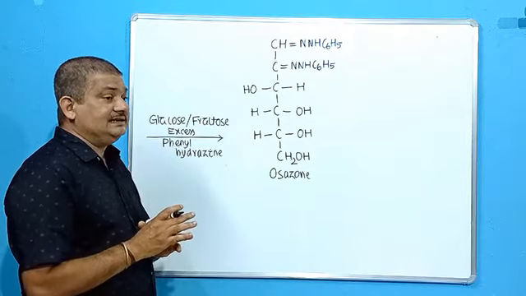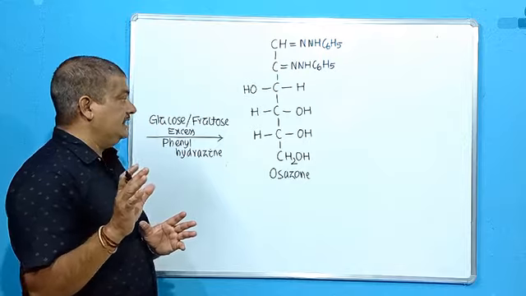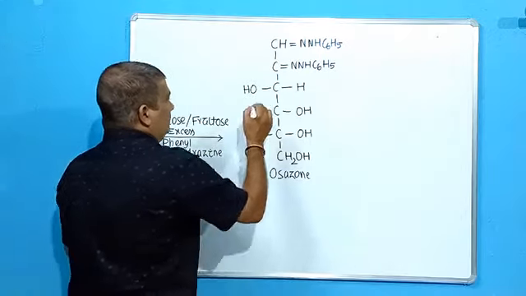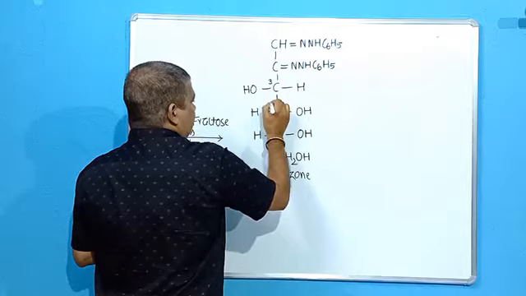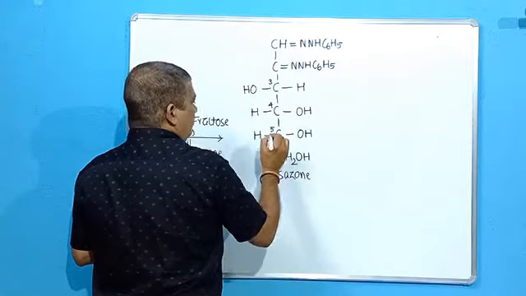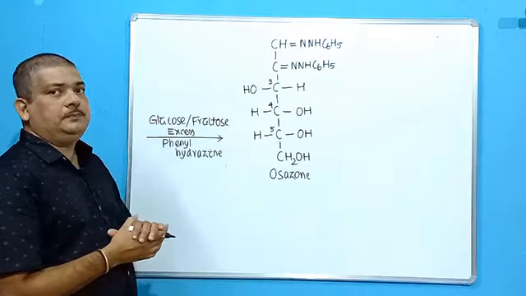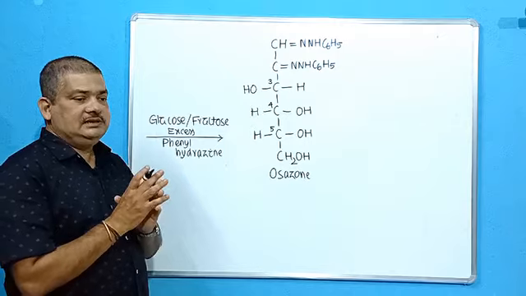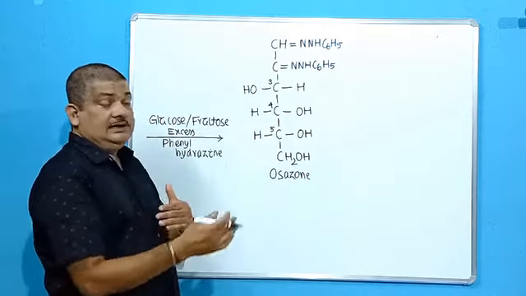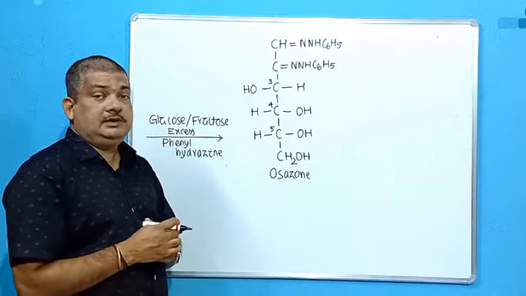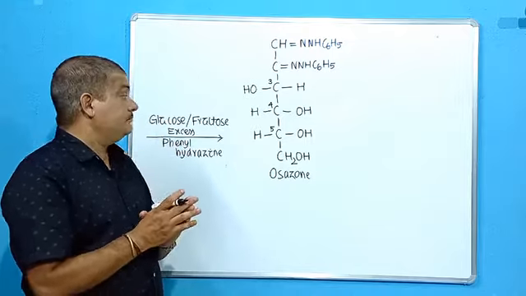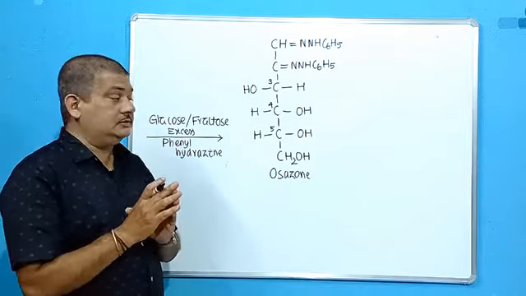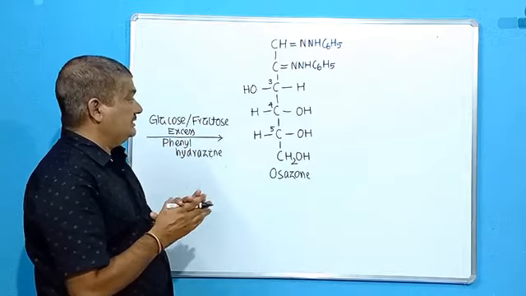If you go through my class again, you will see clearly that I have told you it is only due to similar structure of carbon or similar orientation of hydroxyl group at carbon atom number 3, 4 and 5. That means the orientation of hydroxyl group is the same in glucose as well as fructose. So that's why osazone is formed.